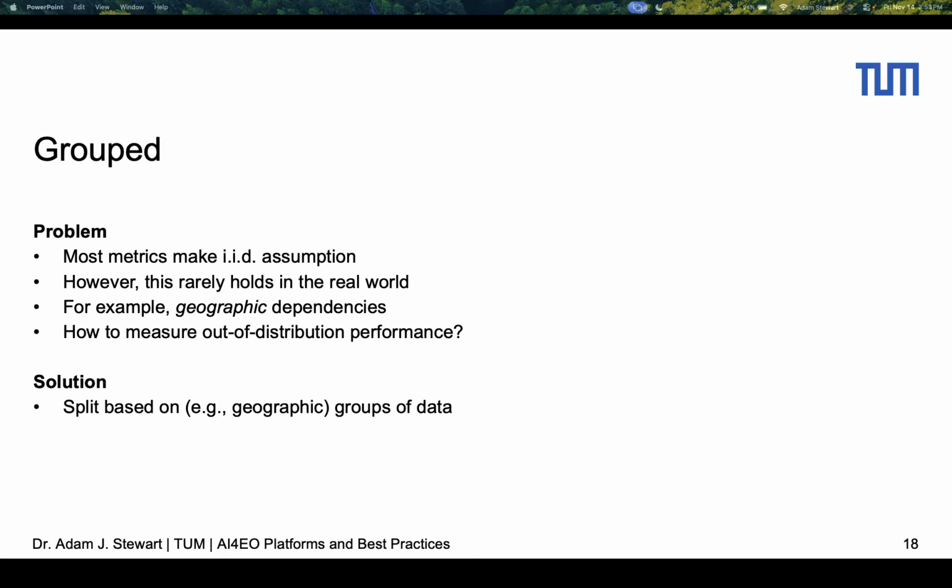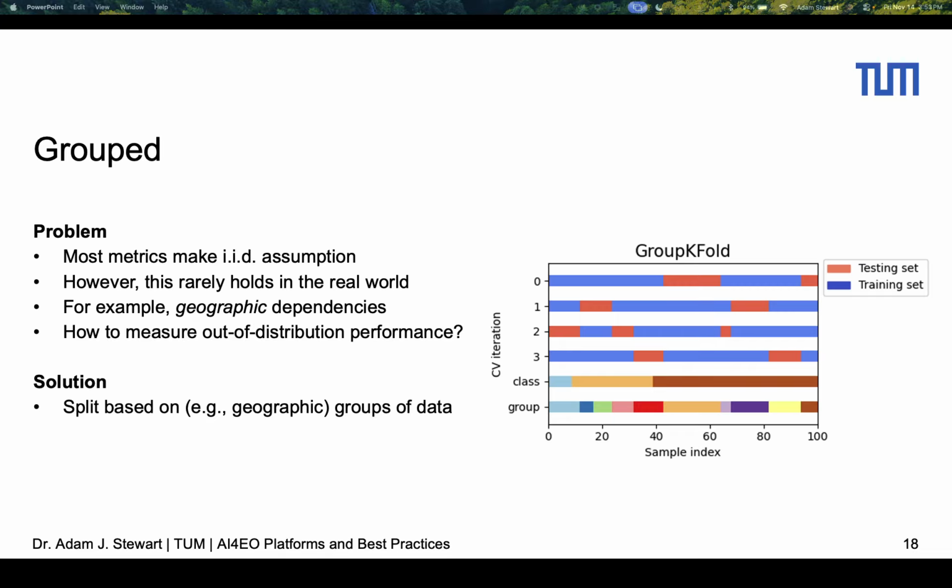Now we can split based on, for example, geographic groups, and we get something like this. So now if you look at the bottom row, that's the group. Let's say that's the country where the data is from. Now we're ensuring that one country is either in training or in testing, but not both at the same time. So for example, if I'm doing agriculture for the entire world and I've got one model to make land cover maps of agriculture, I can train it on every continent except for North America and then measure my performance on North America.